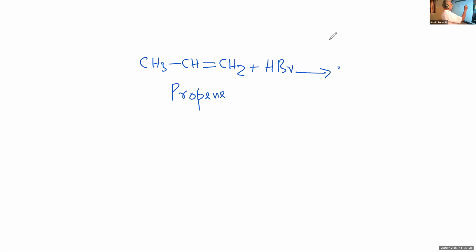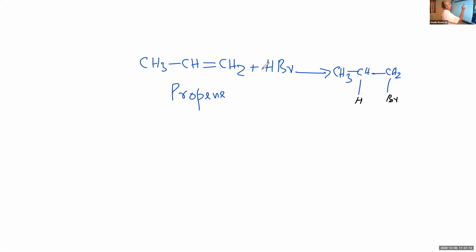Let me take the mechanism, CH3CH-CH2, now the pi bond is broken. Which carbon are we going to add H to, and to which carbon Br? There is a problem. Suppose one is adding H to this carbon and Br to that one, the compound is CH3CH2CH2Br.